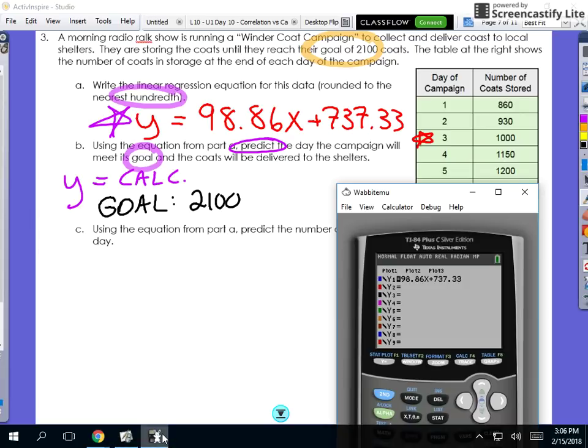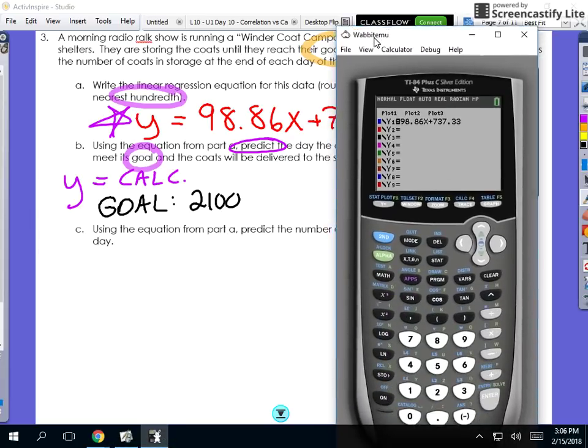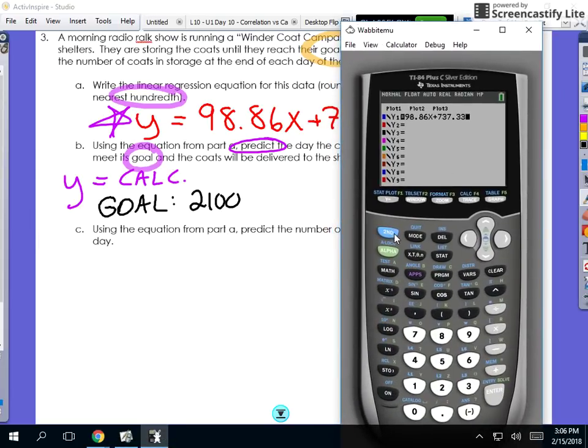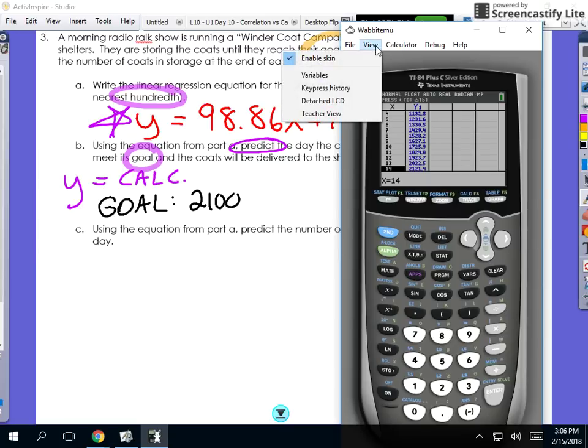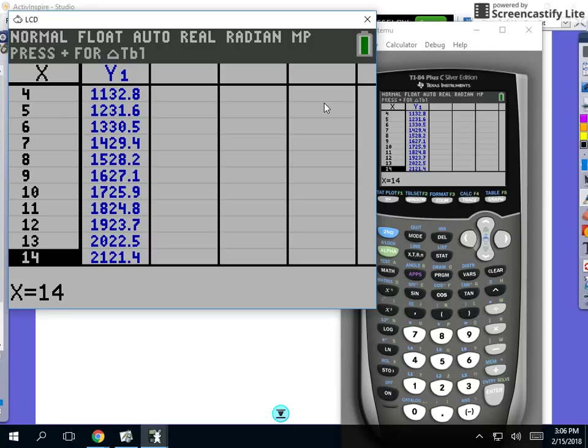So let's go to our calculator and let's go to the table. If we're going to go to the table, we go second graph, aka table. And now we're going to scroll until, when we're looking at those blue values, we get to, there it is. If I make this a little bit larger, you'll see that on day 14, we've now reached our goal.